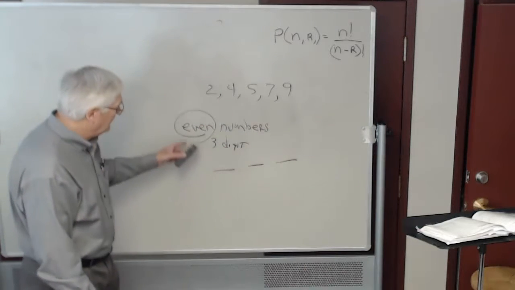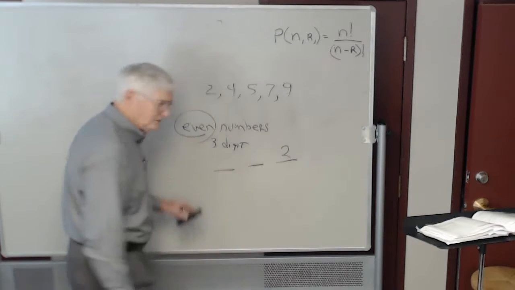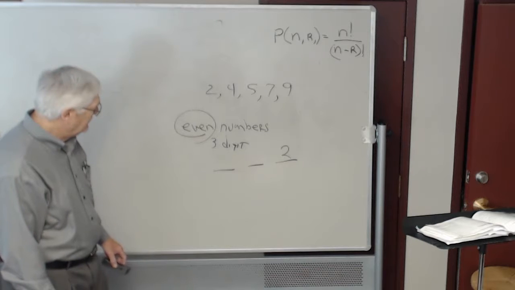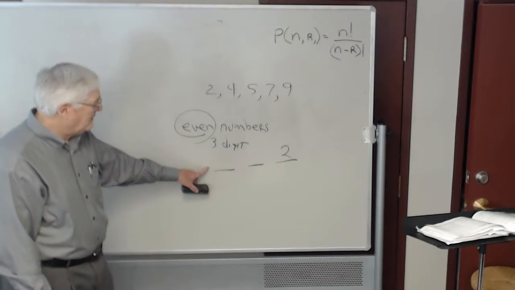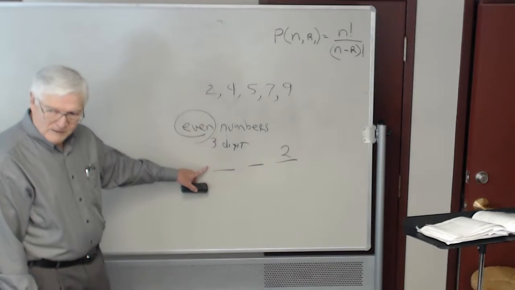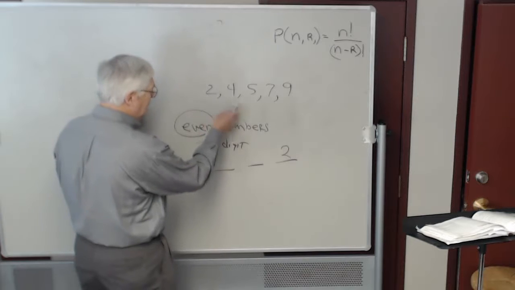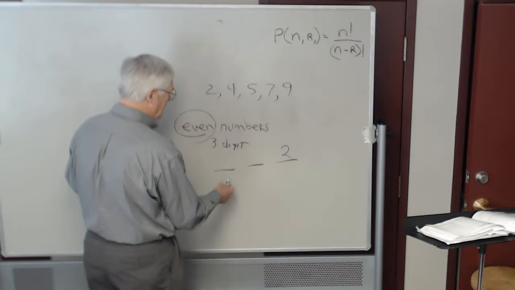So if it's going to be an even number, I have 2 choices for the third slot, right? How many choices for the first slot? If I've already used one of these for the third slot, what's left for the first slot?